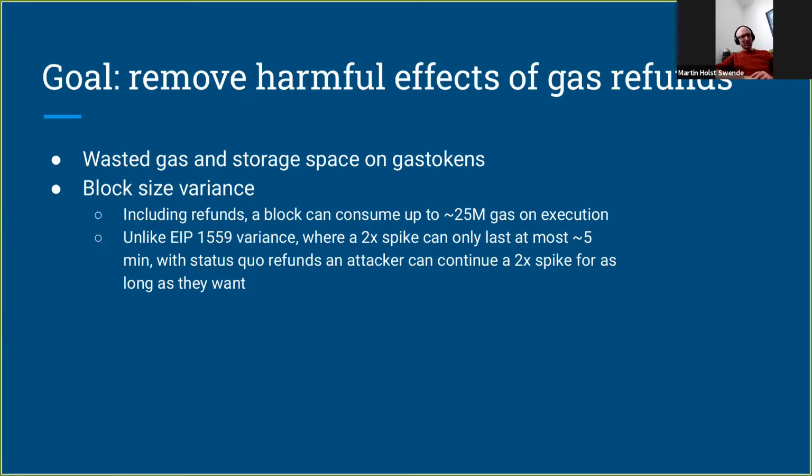And one more thing, now that we're talking about gas tokens. As far as I know, and please correct me if I'm wrong, the original gas token was an idea devised by Phil Daian a couple of years ago, and they published this gas token as kind of an exploit.